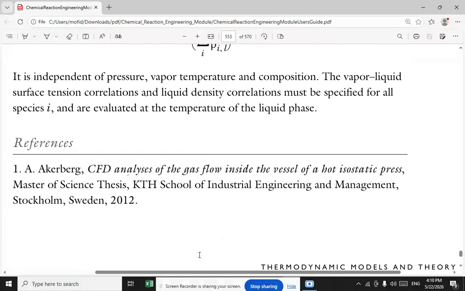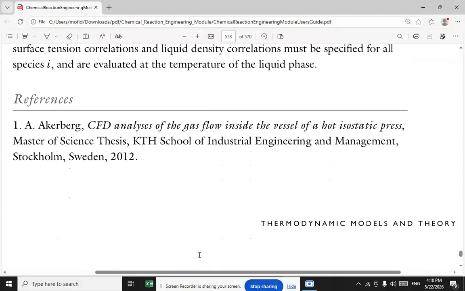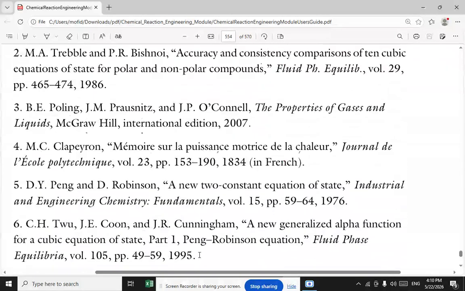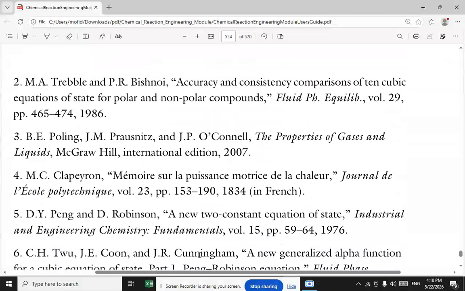I read literature that was written by Ackerberg, and the name is CFD analysis of the gas flow inside the vessel of a hot isostatic press. Also, Bishnoi, their name is accuracy and consistency comparisons of 10 cubic equations of state for polar and nonpolar compounds.